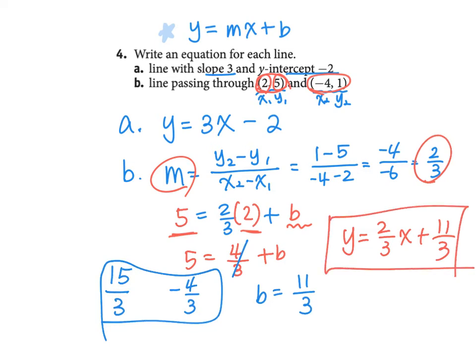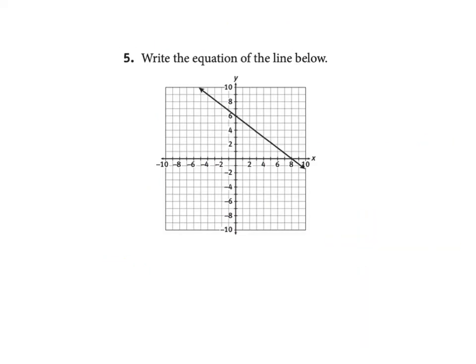That's for B. Number 5, we're still using y equals mx plus b and finding the slope. So slope is change of y over change of x, right? You can actually count. Let me see where there is a definite point.